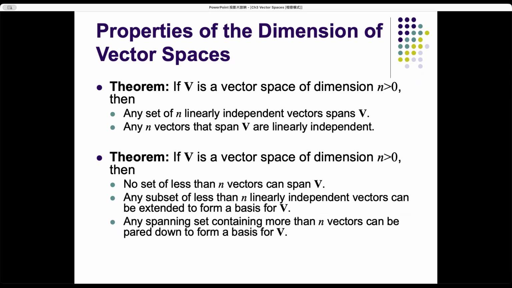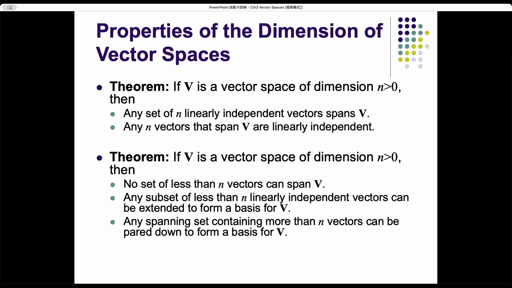Why? Because if there's a set less than n that can span V, we use a similar argument that we did previously. If they are independent, then the dimension is less than n, right? We have an issue.